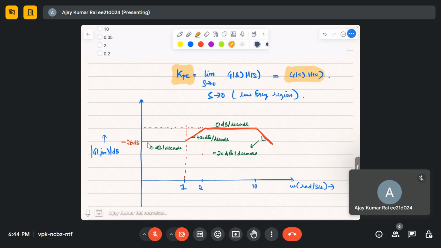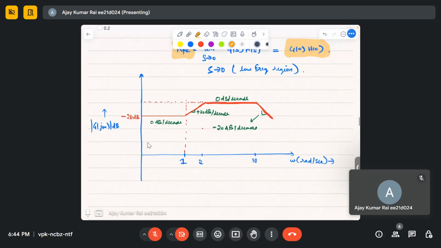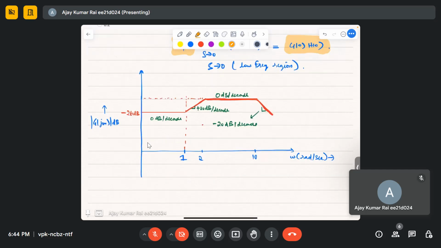You see this? So what is that region? Can we say this region is the same thing as here also? You're finding the magnitude at G(0), with H equal to 1.